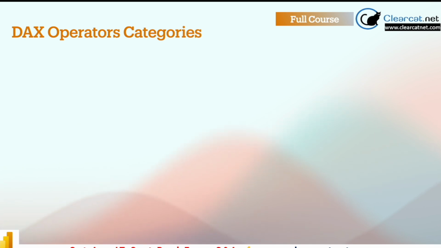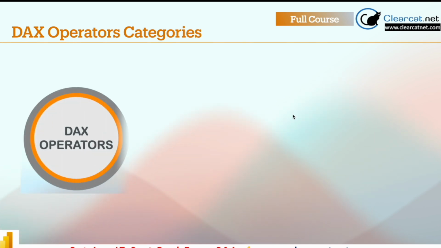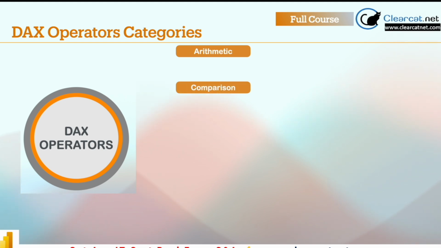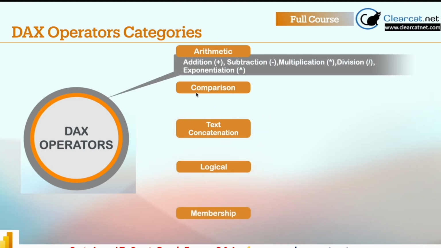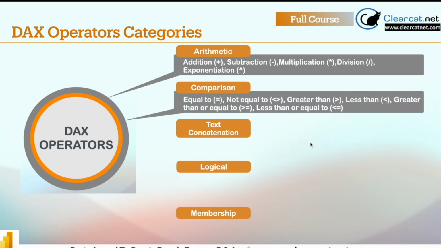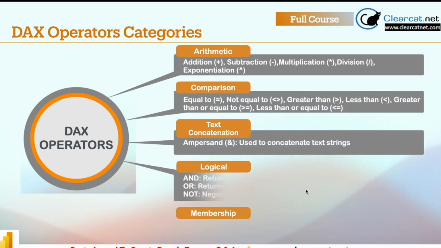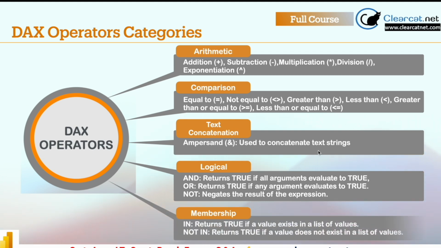DAX operator categories. There are a total of 5 categories under which all the 15 DAX operators fall. The 5 categories are: arithmetic, comparison, text concatenation, logical, and membership.